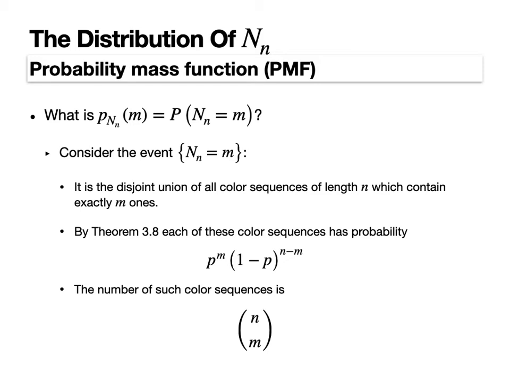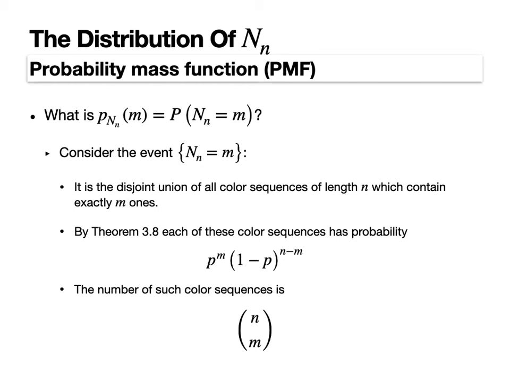What color sequences would we be talking about here? We'd be talking about color sequences that have length n, because there were n balls drawn in all, and exactly m of those entries would be 1s, and the rest would be 0s, right? Because we want exactly m red balls. Now, all those color sequences are disjoint, right?